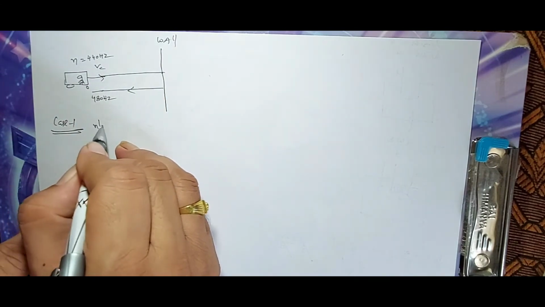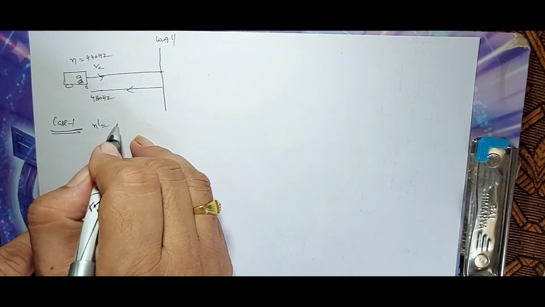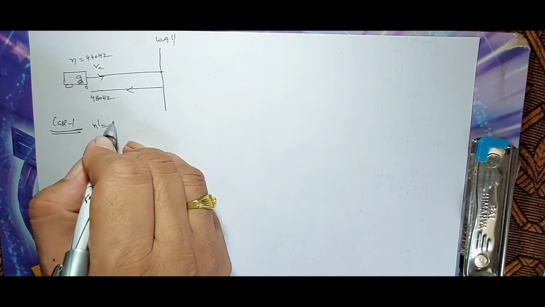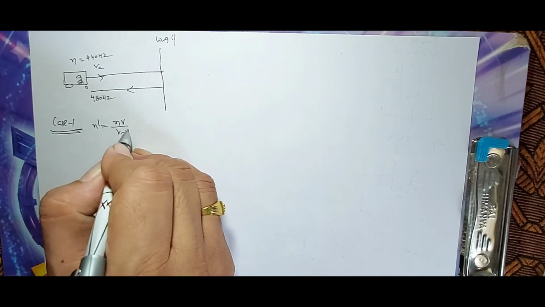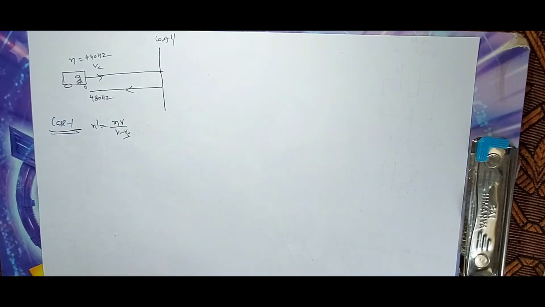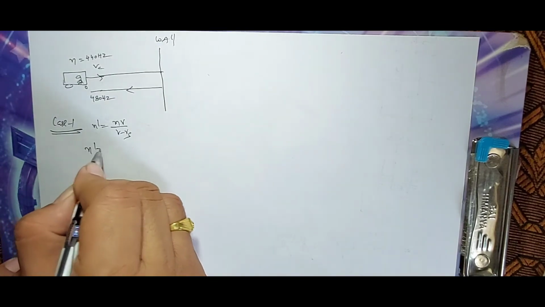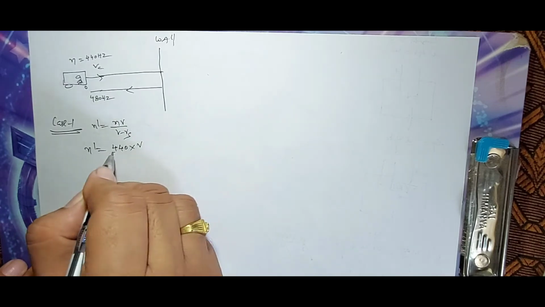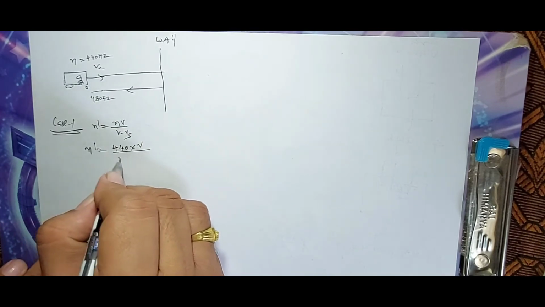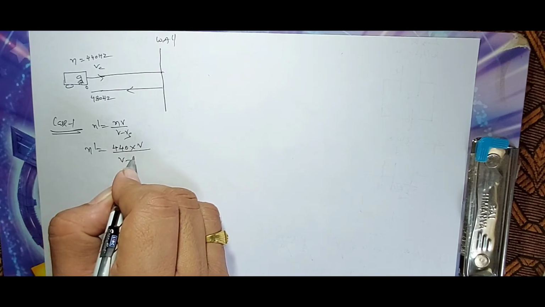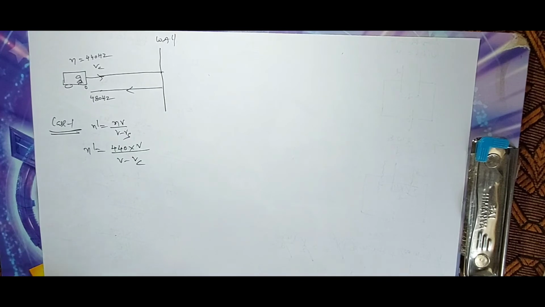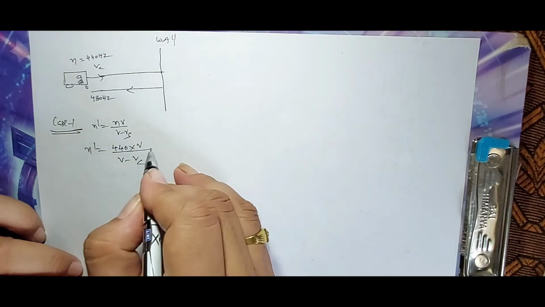So, the apparent frequency detected by the wall, n dash, is equal to nV by V minus Vs. This is the formula. So, n dash is equal to 440 into V, where V means velocity of sound, divided by V minus Vc. This is equation 1.